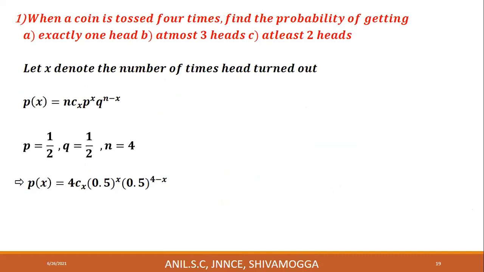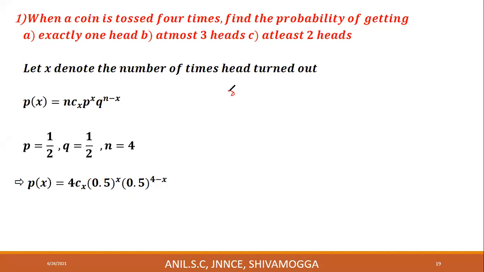When a coin is tossed four times, find the probability of getting exactly one head, at most three heads, at least two heads. This is the same as the examples we took. When a coin is tossed four times, let X denote the number of times head turned out, or just the number of heads.